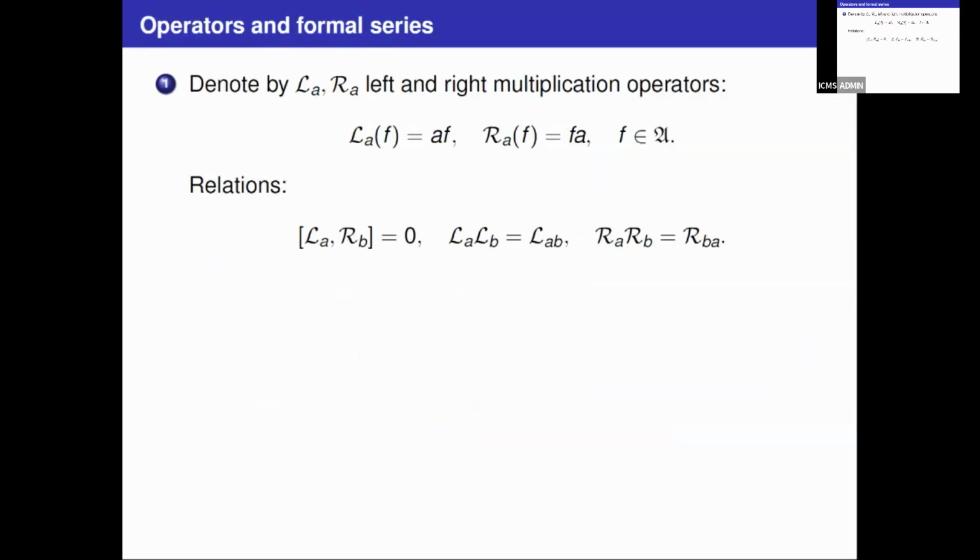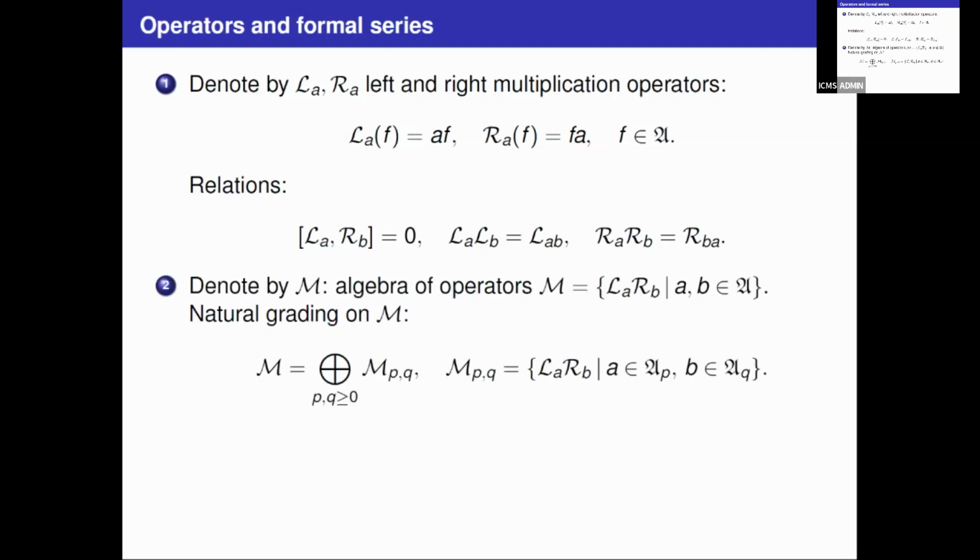Left and right multiplications obviously commute, and these are the obvious rules for products of multiplication operators. Then by M we will denote the algebra of operators L_a R_b, a, b elements of A. And since A is naturally graded, this algebra inherits the same natural grading.